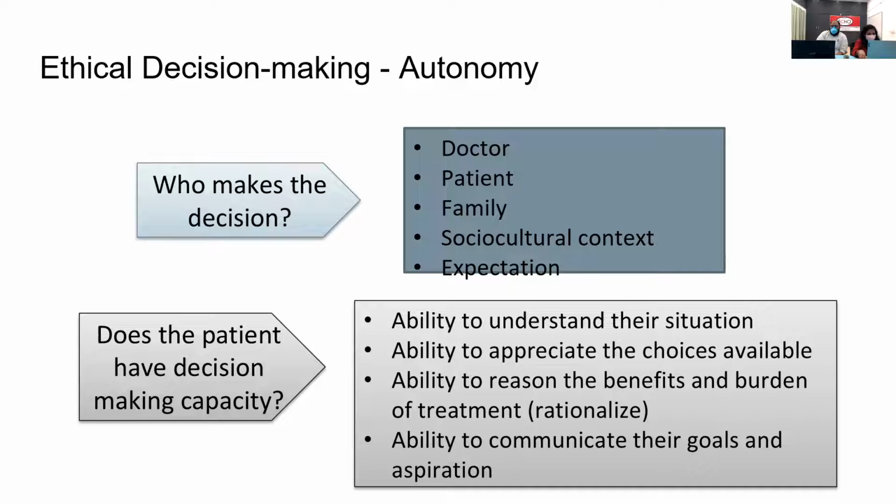Is he able to reason the benefits and burdens of the treatment, and make a rational decision out of it? And are they able to convey their goals and expectations to us? These questions should be answered when we depend on the patient's decision. This may vary from patient to patient and case to case.